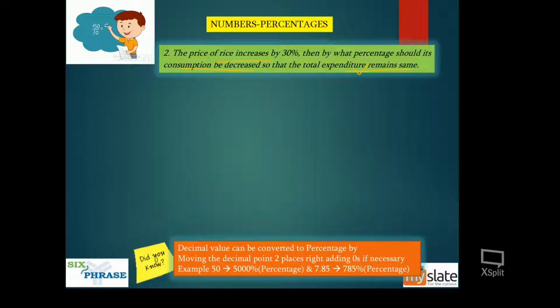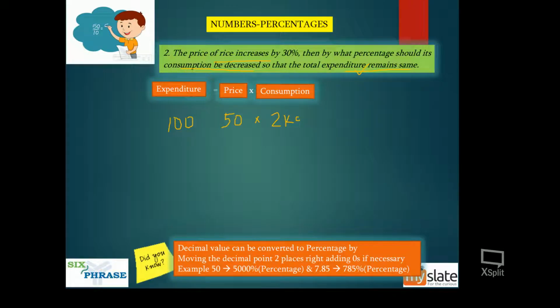To understand this even better, guys, I have this formula. Expenditure is equal to price into consumption, correct? For the same thing, if it was 50 rupees per kg, this expenditure is 100 rupees. Now you can get how many kgs? 2 kgs of rice.